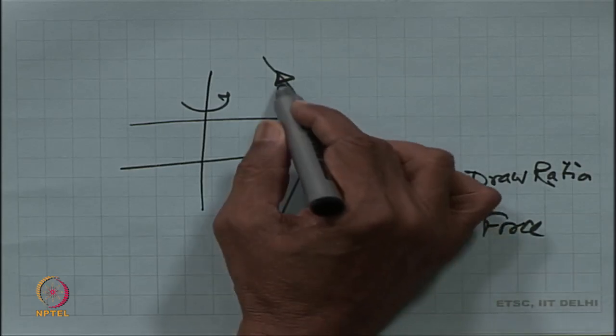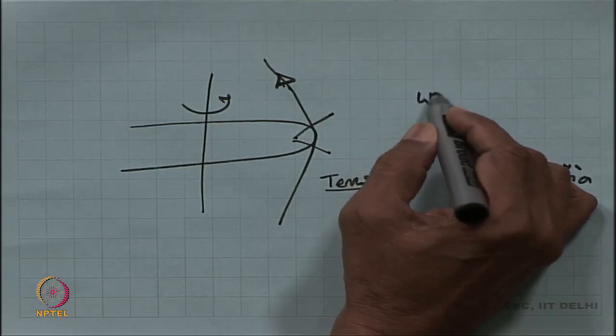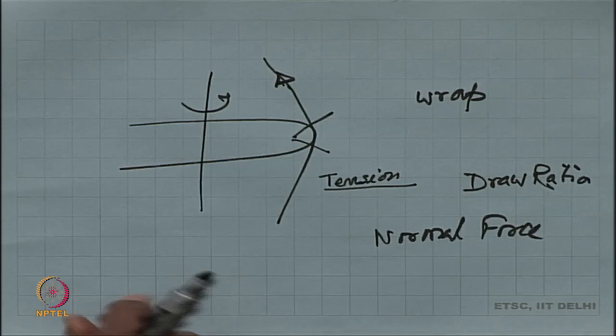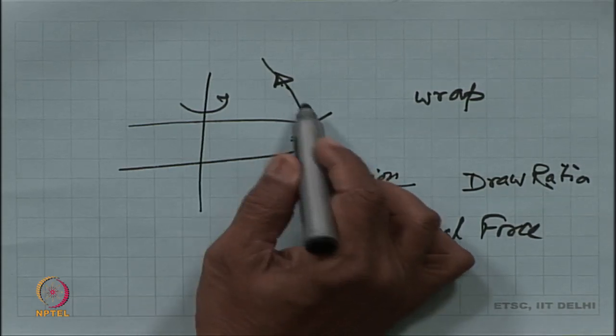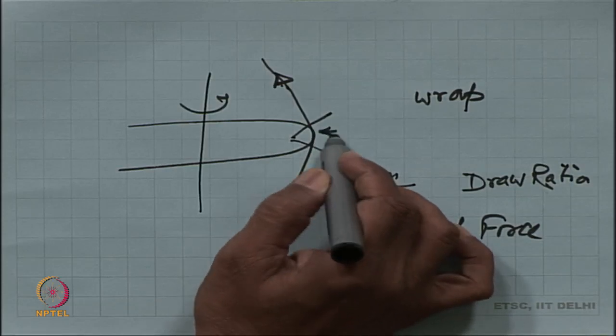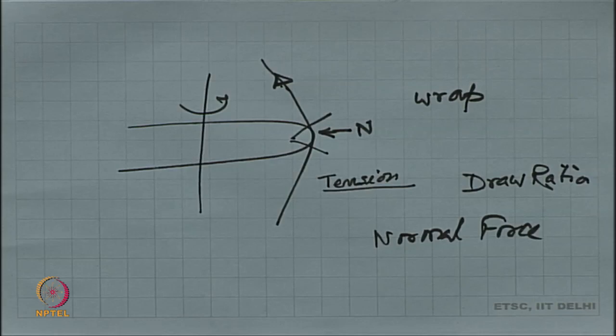Because this is at some angle, therefore, there is a wrap. If you have a wrap, then if the tension is increased in the yarn, this would result in more normal force.